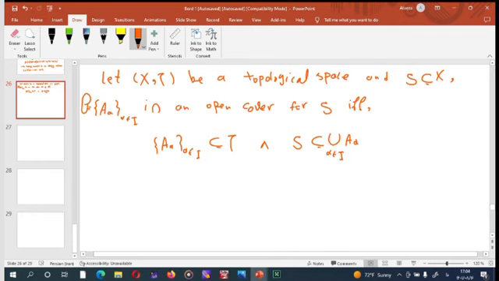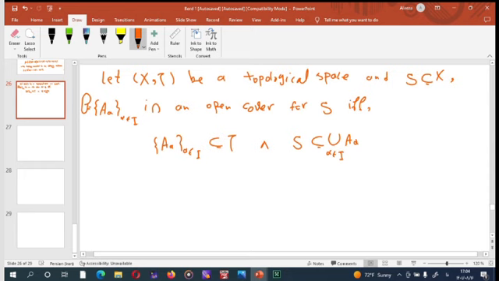So we must have two properties: all of these sets must be open, or belong to tau, and also this union must contain S, or S must be a subset of this union. For this, we say that this family is a cover.